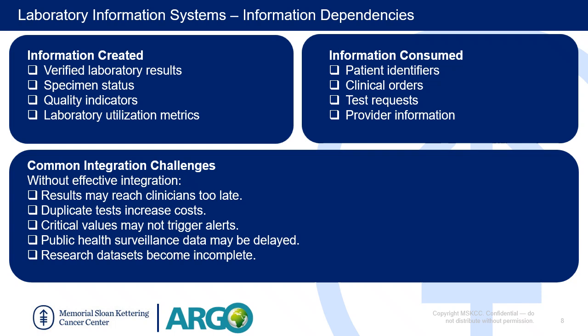Critical values may not trigger alerts because they're late. Public health surveillance may be delayed. And so the decision makers will have incomplete data when they're making decisions. And research data sets become incomplete.